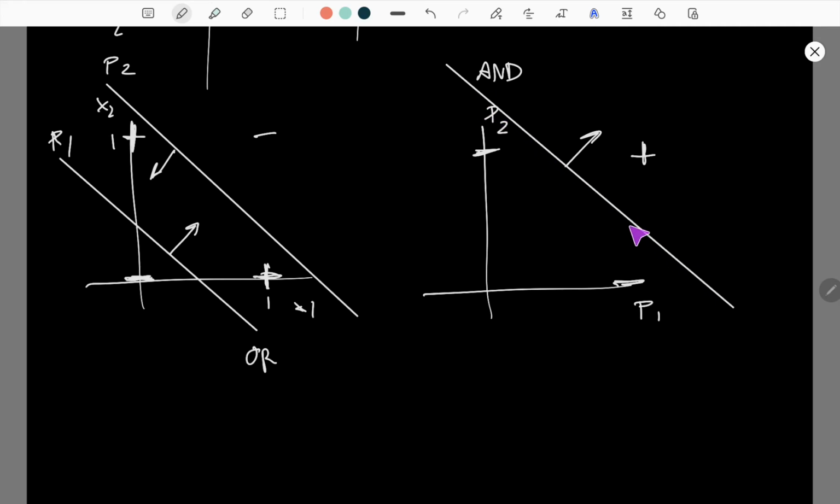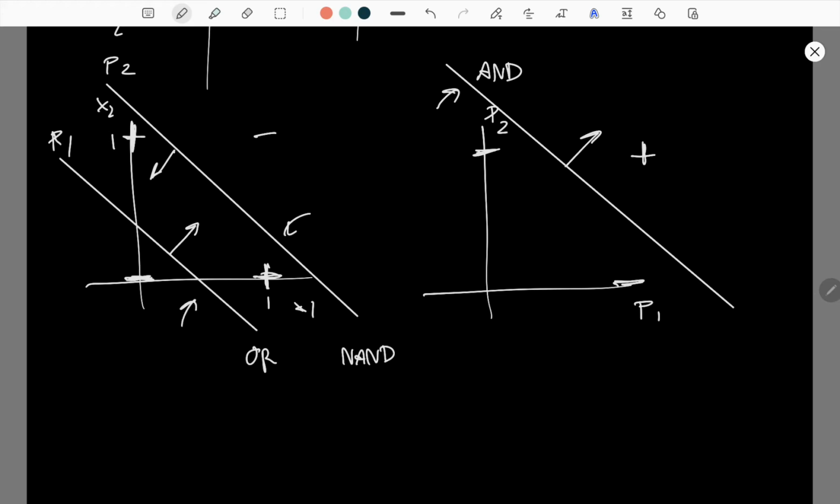It's on the opposite side. So from AND, this one will be NAND. Alright? And you already know the weights of AND and OR. You have already known the weight of this line.